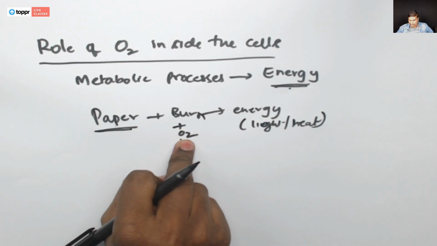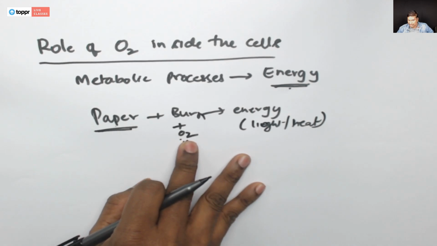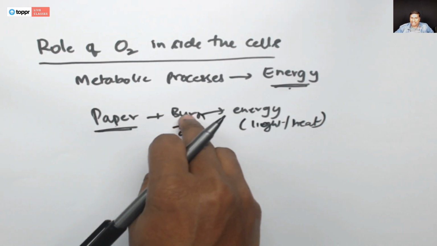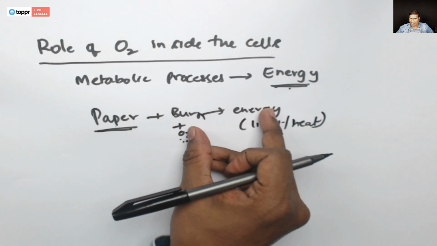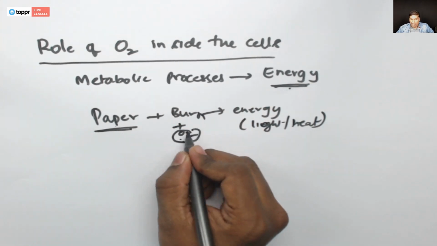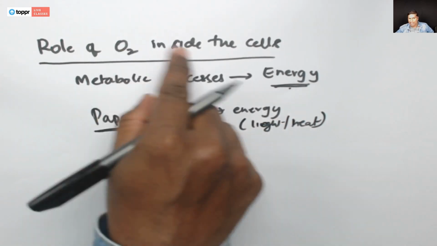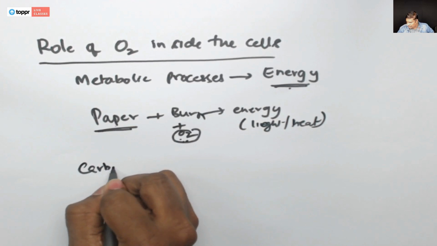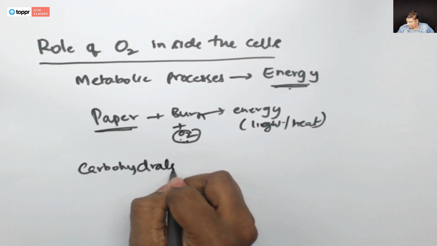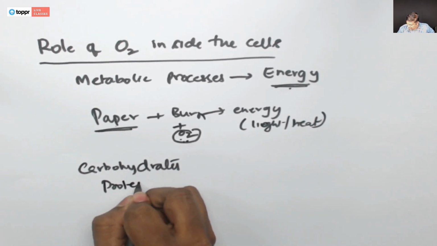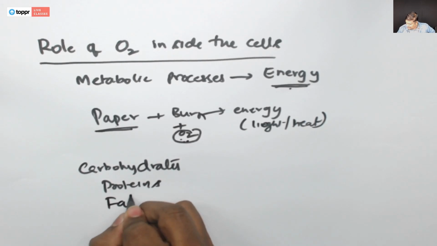Now the oxygen here is critical because burning is nothing but oxidation, oxidation of a material. So in order to generate energy in a cell, in order to get energy from any material, it can be from carbohydrates, proteins, or fats.